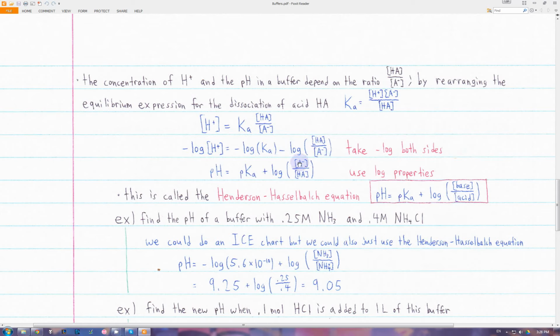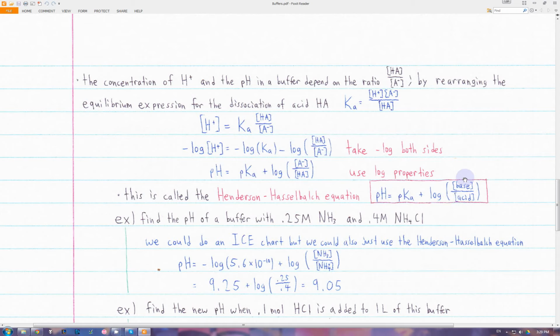So this is called the Henderson-Hasselbalch Equation. So the pH of a solution will be the pKa of whatever the acid is, plus the log of the concentration of the base over the concentration of the acid.